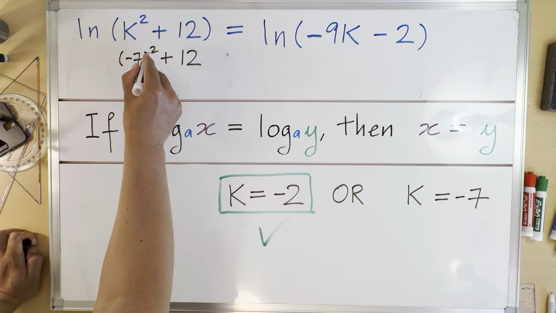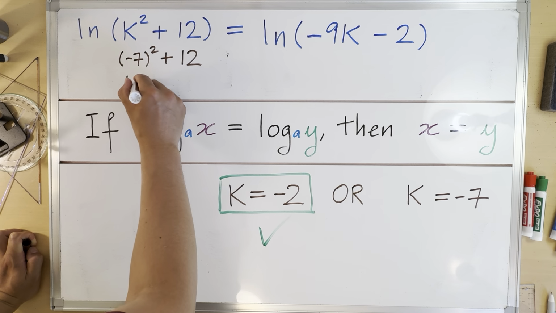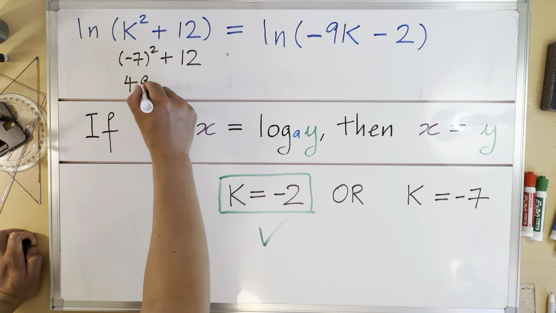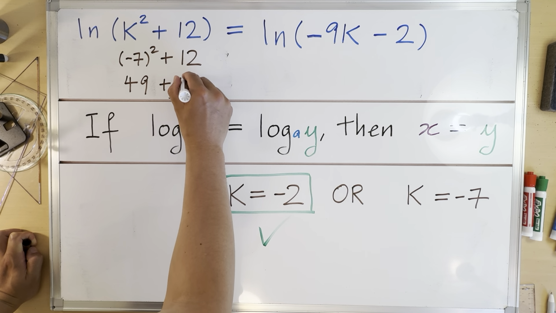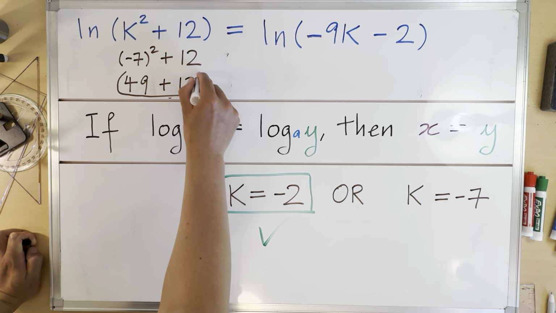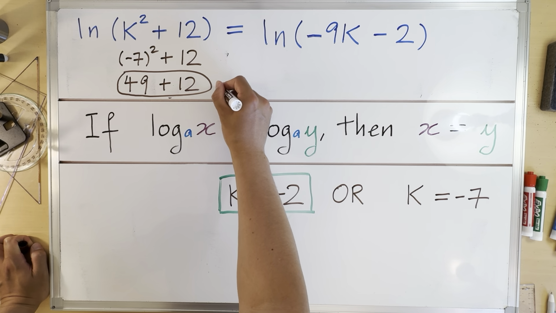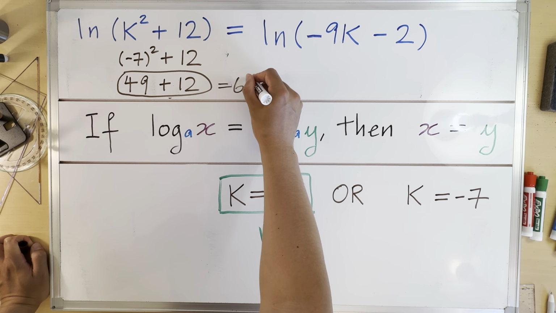Negative 7 squared is equal to positive 49 plus 12. This gives us 61.